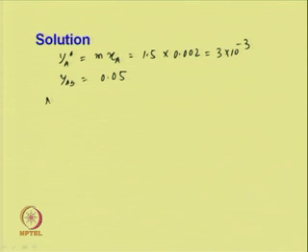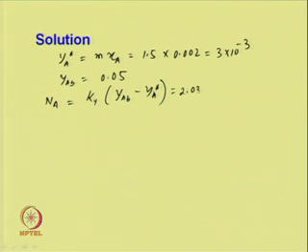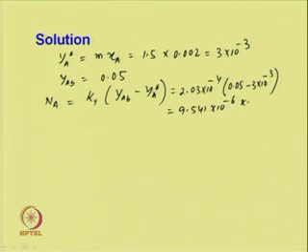So, N A will be equal to capital K y into y a b minus y a star, which is equal to 2.03 into 10 to the power minus 4 into 0.05 minus 3 into 10 to the power minus 3, which is equal to 9.541 into 10 to the power minus 6 k mole per meter square second.